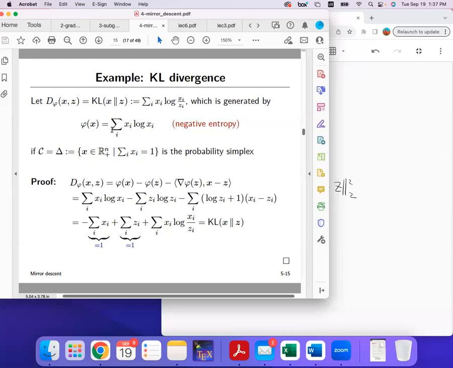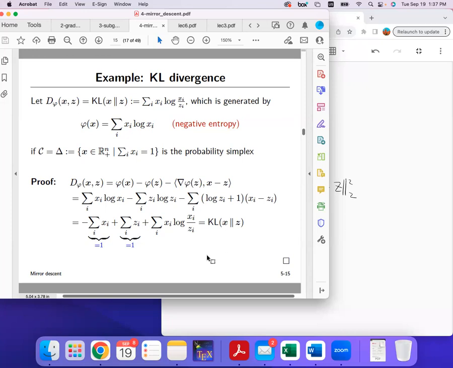If we choose such a phi, we can verify that it becomes KL divergence. And this is the proof. This is the definition of Bregman divergence. Now you plug in the definition of phi, do some calculations, you can verify that it is indeed the KL divergence between two probability vectors.